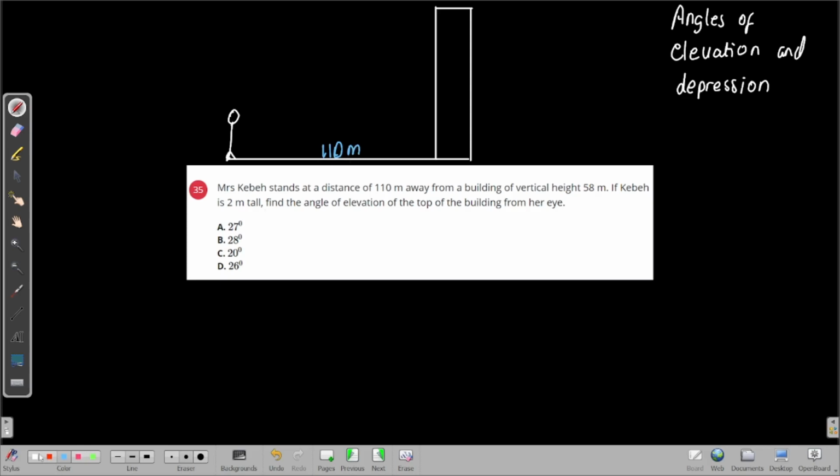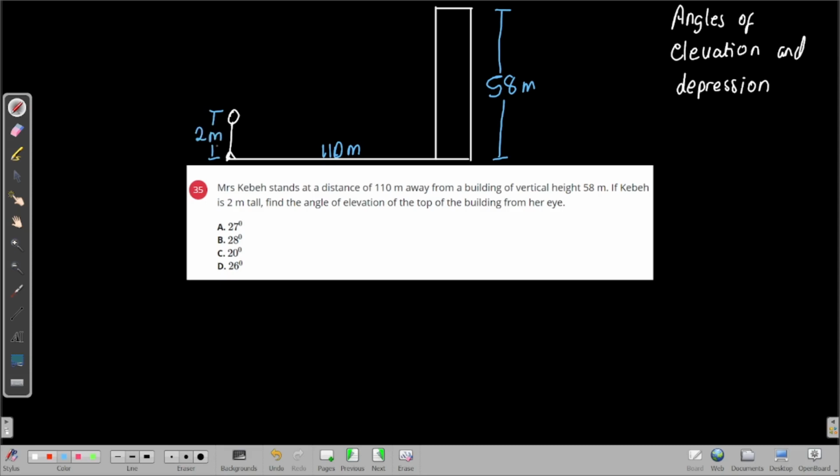The building is 58 meters, from the top to the foot of the building. Mrs. Keber is 2 meters tall, so from here to her foot is 2 meters.